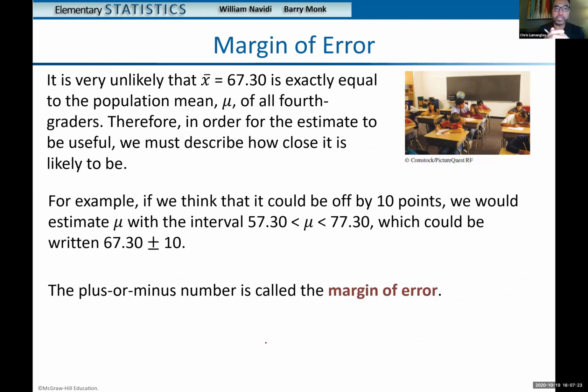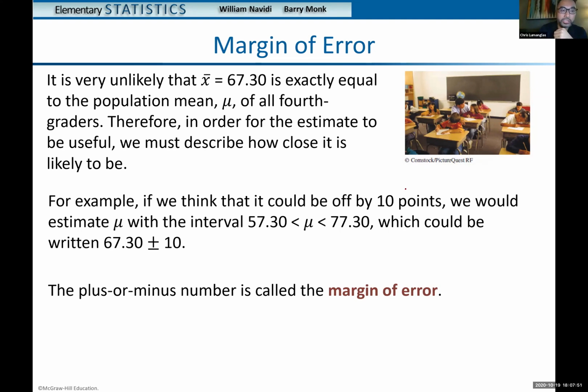Okay, it is very unlikely that the sample mean 67.30 is exactly equal to the population mean. So therefore, in order for the estimate to be useful, we must describe how close it is likely to be. So for this example, they were able to get the interval. So not exactly 67.30. So let's say it could be off by 10 points.